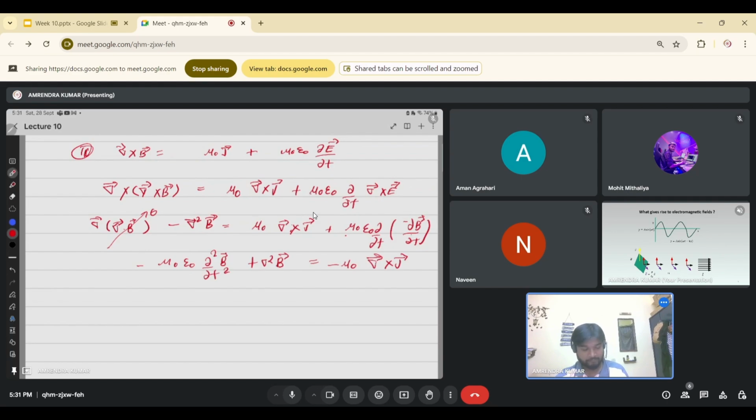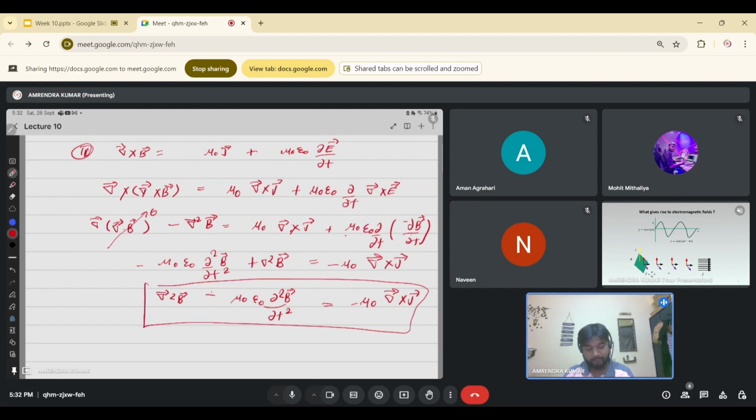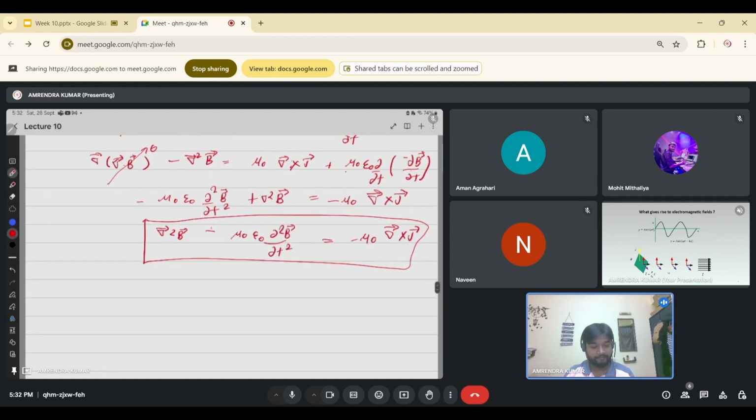Now this can be written as del square B minus mu 0 epsilon 0 del square B over del T square equal to minus mu 0 del cross J. So here you can see that del cross J is the source for generating this magnetic field component of electromagnetic radiation.